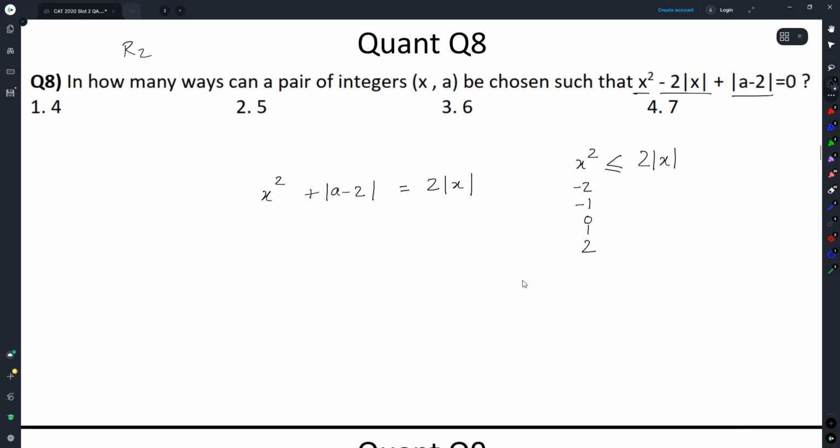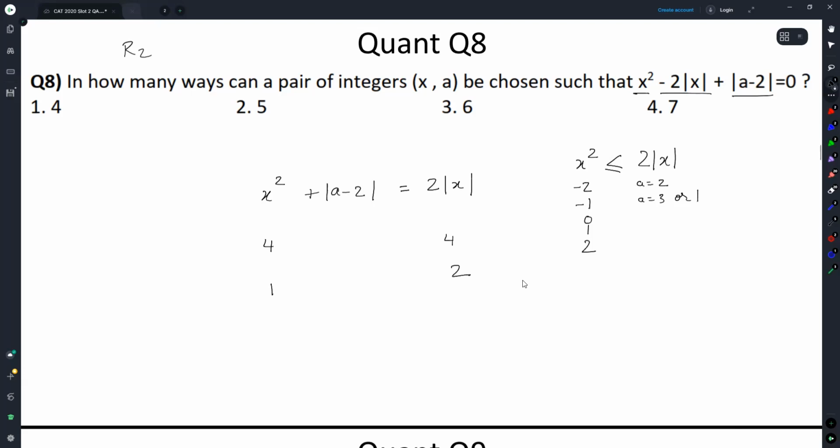First step of counting, I can see. So if x is -2, the x square will be 4, 2 mod x will be 4. So this has to be 0, so a will have to be 2. If x is -1, this is 1, this is 2, this will have to be 1, so a can be 3 or 1.